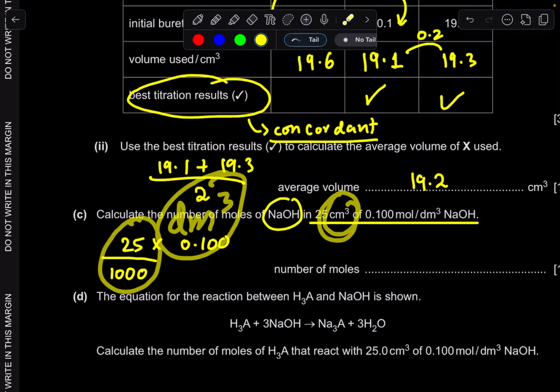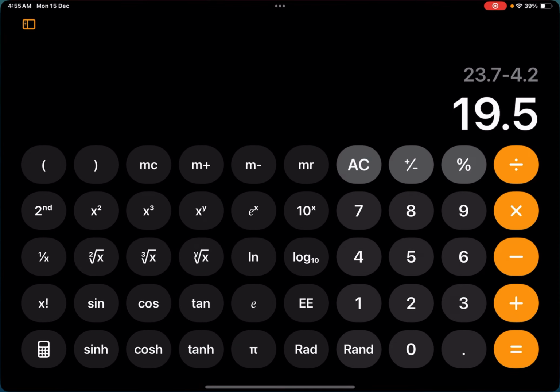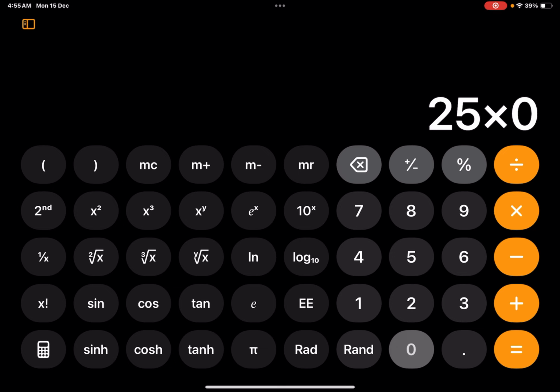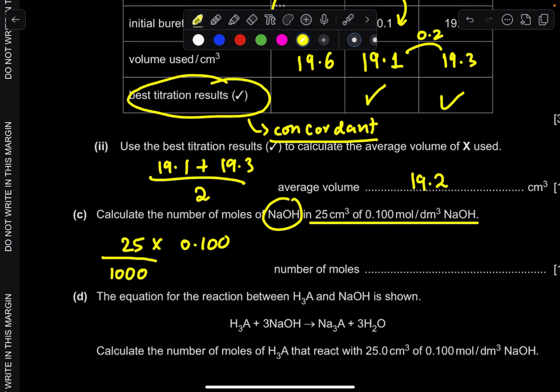So 25 times 0.1 divided by 1000 gives me 0.0025 moles.